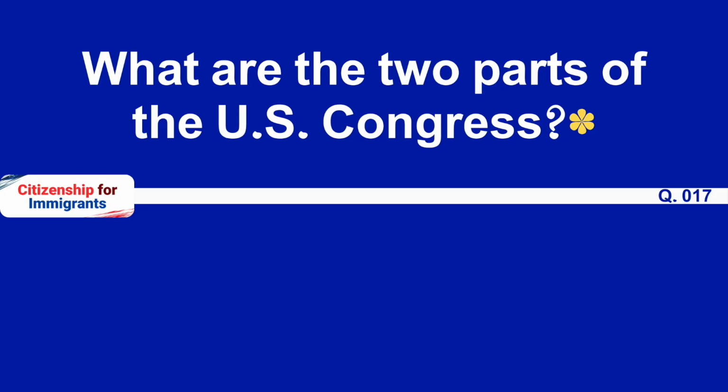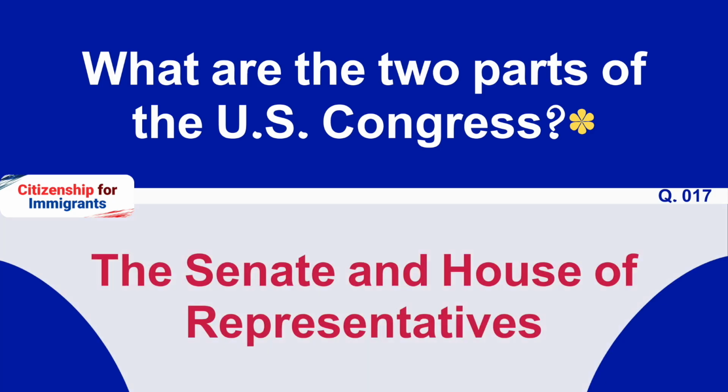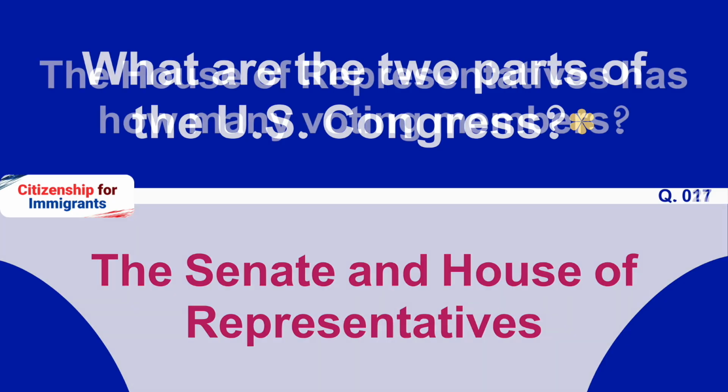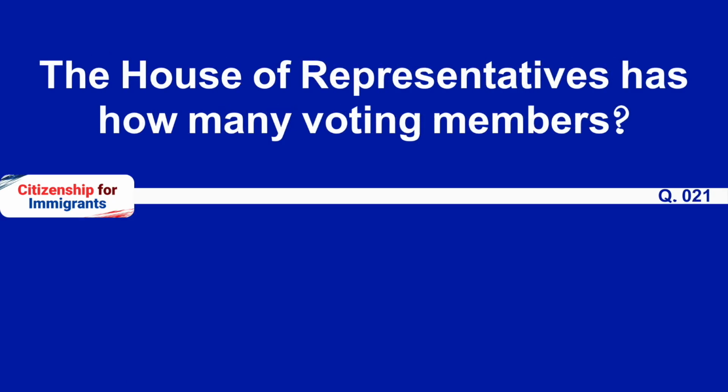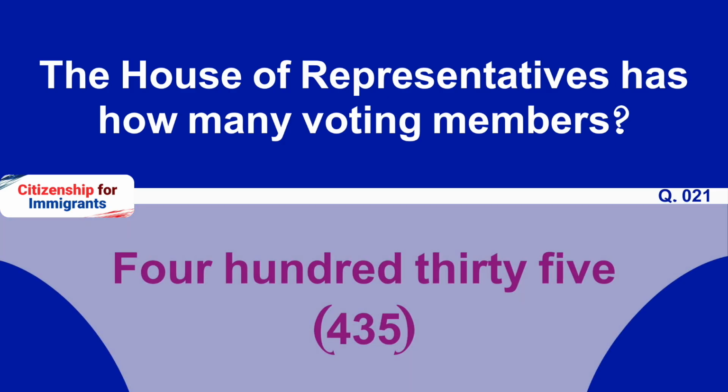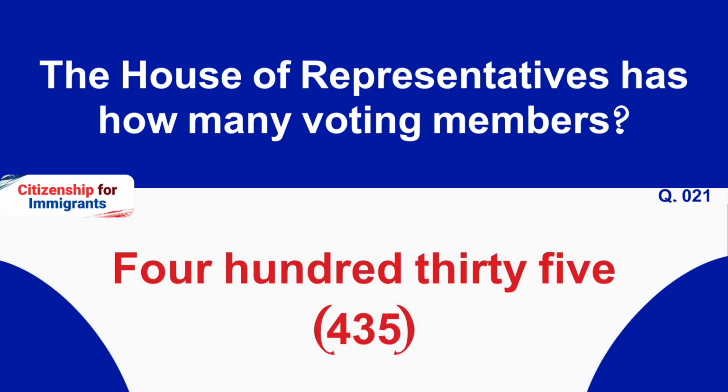What are the two parts of the U.S. Congress? The Senate and House of Representatives. The House of Representatives has how many voting members? 435.